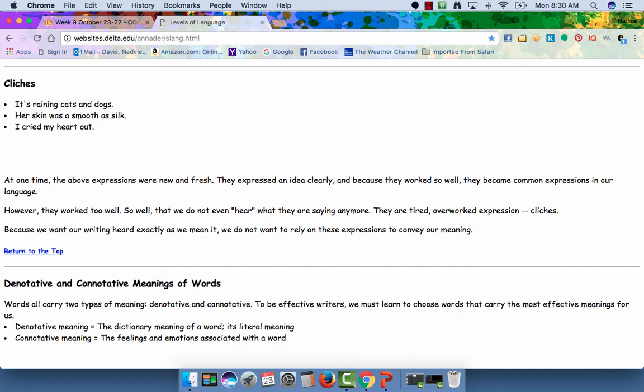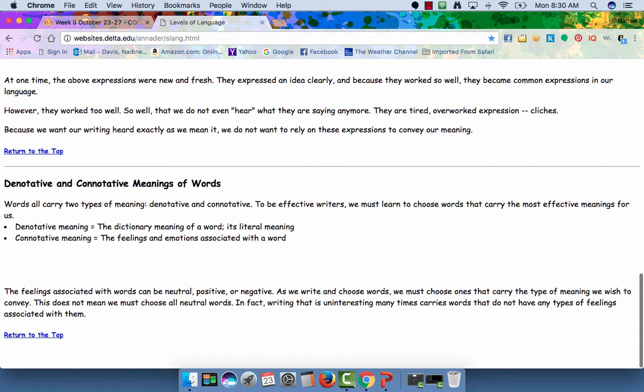Now, what's very important is the denotative and connotative meanings of words. Denotative means it's the dictionary meaning of the word. It's literal. Connotative meaning is the feelings and the emotions associated with the word. For example, the word Muslim.